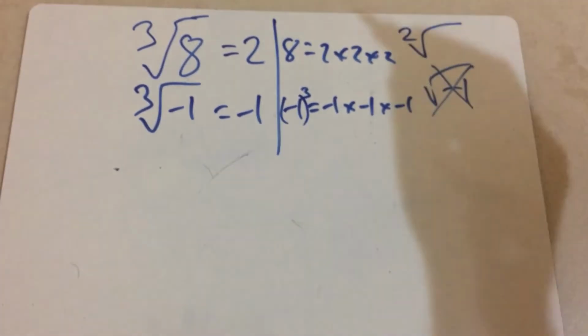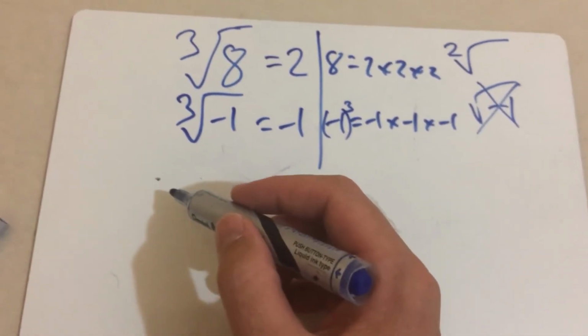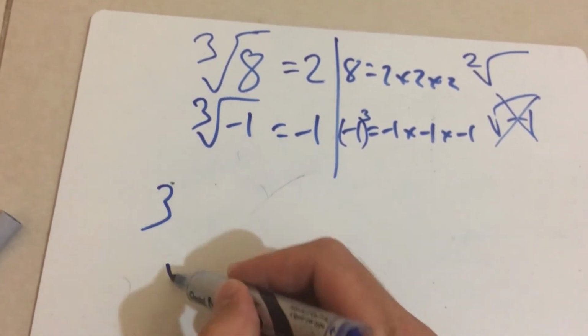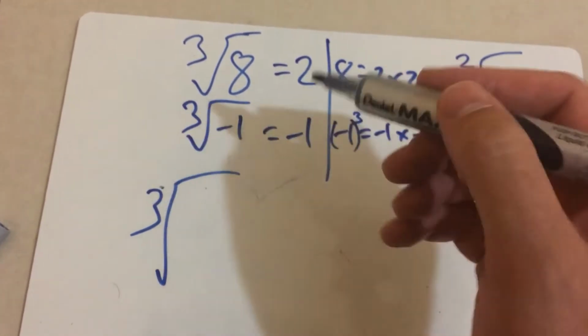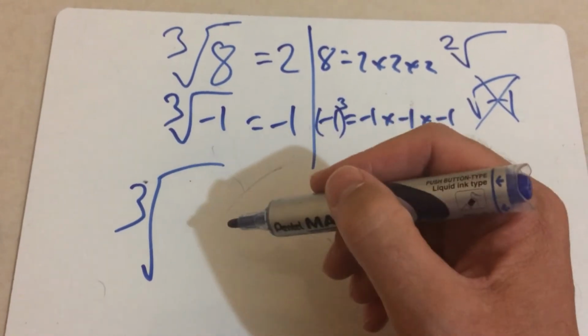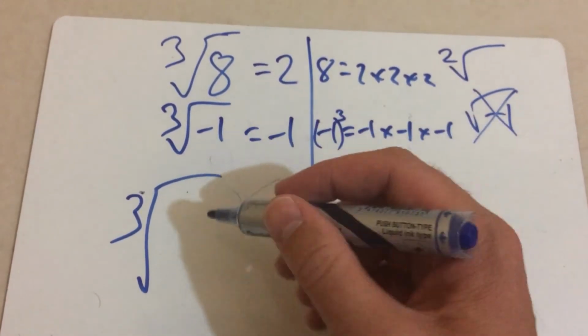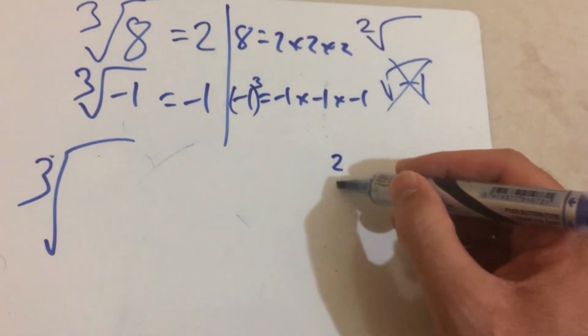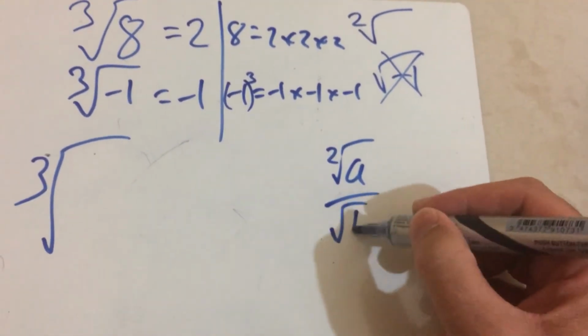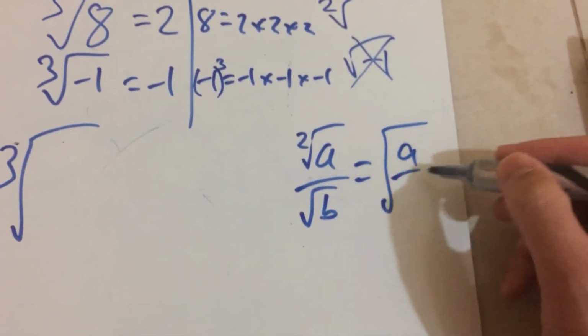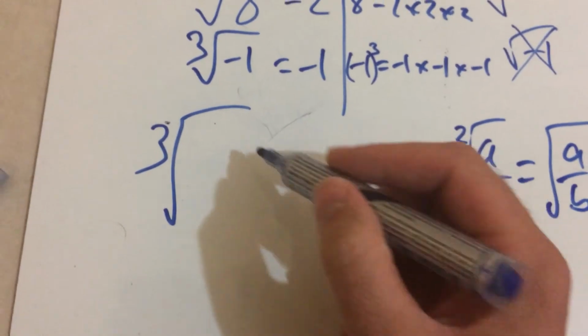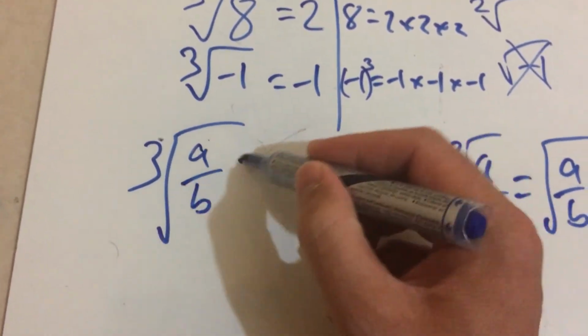Another thing we want to look at is how you saw that the square root of A over the square root of B is the same as the square root of A over B. The same thing happens with cube roots.